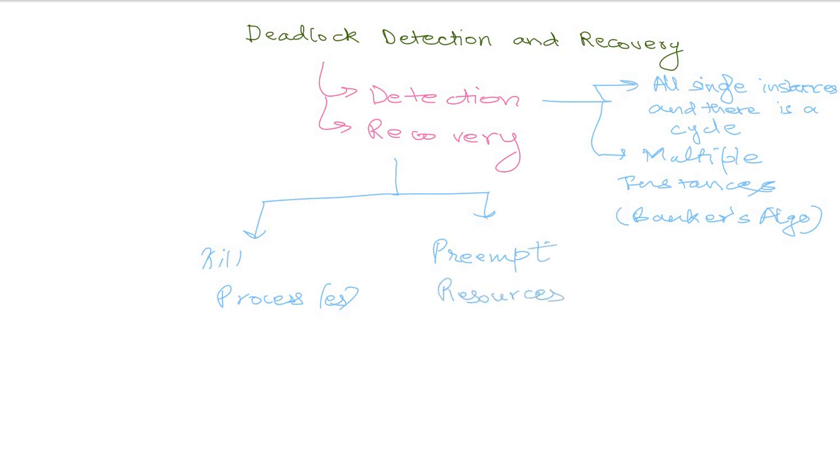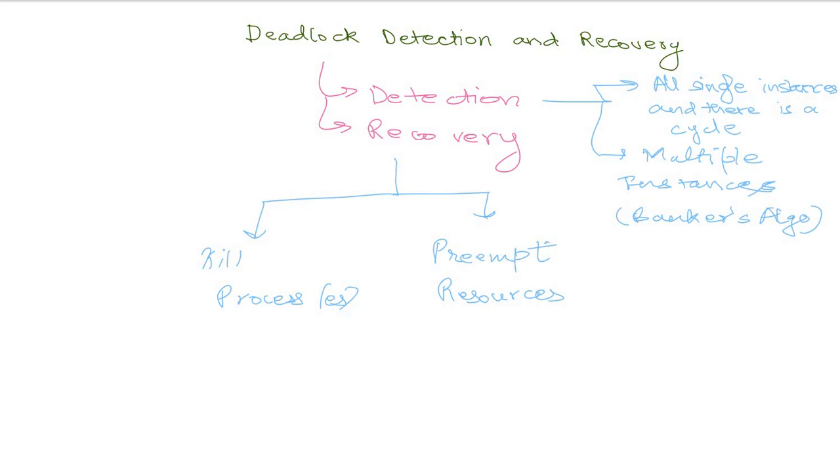So first let's talk about preempting resources. Now in preempting resources, what can be the problem? A process is holding a resource and the OS can take it back. But the OS needs to ensure to maintain the state of the process. Let's say the process moved from state 1 to state 2, but now the duty of the OS is to maintain the state of the process, that is, it must roll back the process to the previous state when preempting the resource.